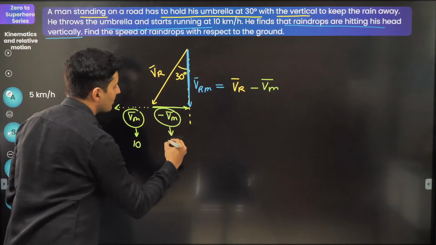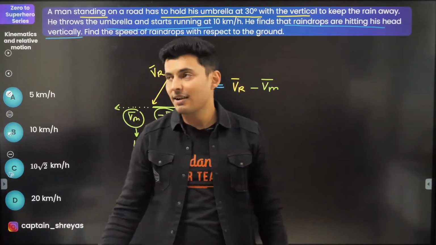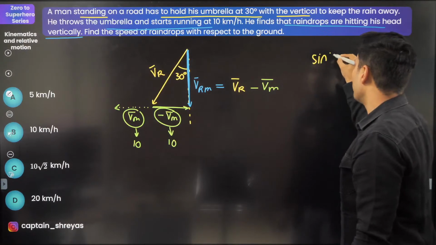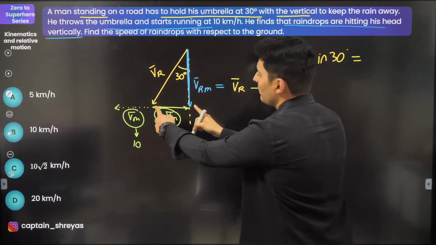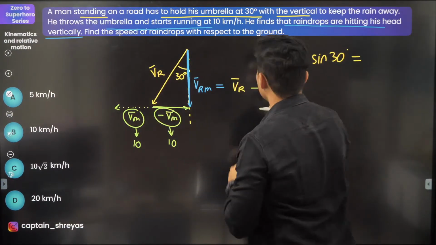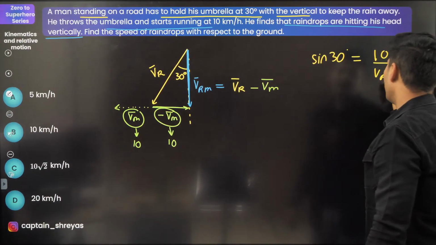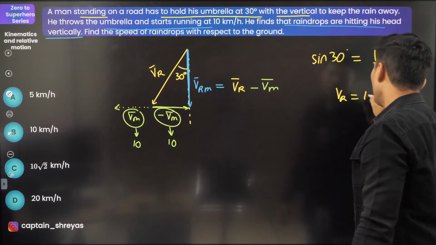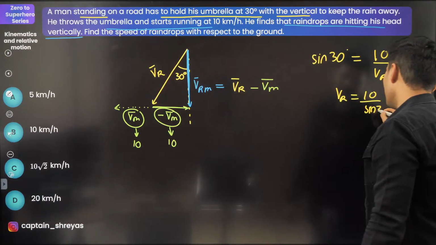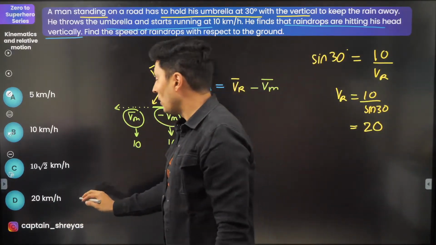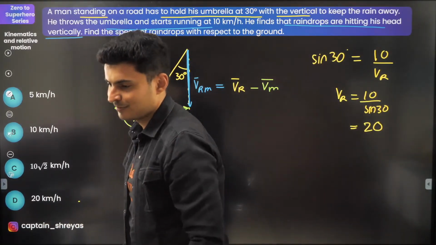Sine of 30 is 10 divided by VR. So VR will be 10 divided by sine 30. Sine 30 is half, so it will become 20. That is option D.